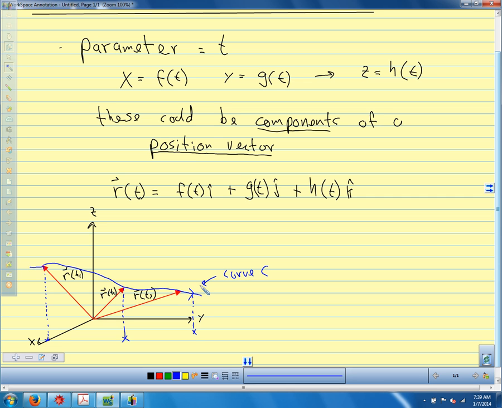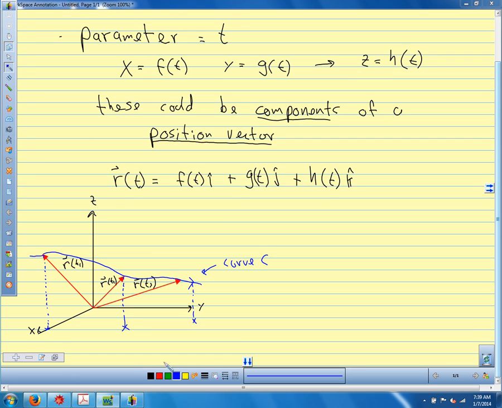So we call r of t a vector valued function. It's our basic idea for this chapter. The component functions are f, g, and h.